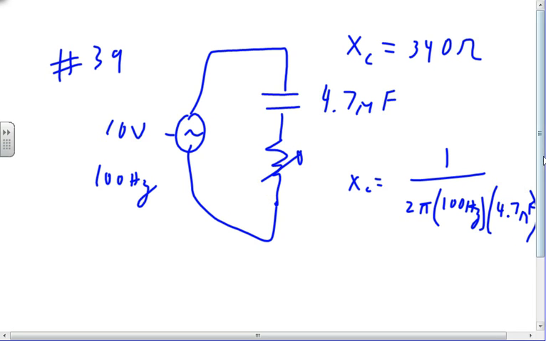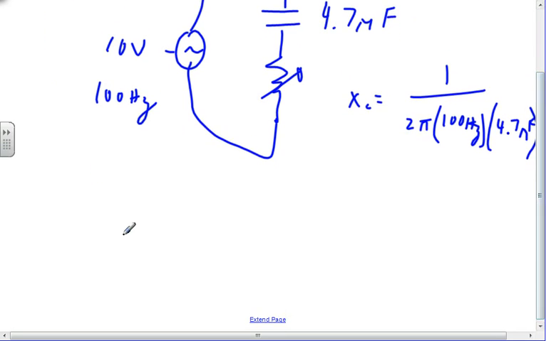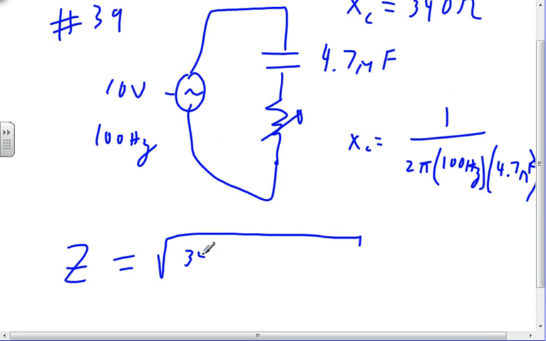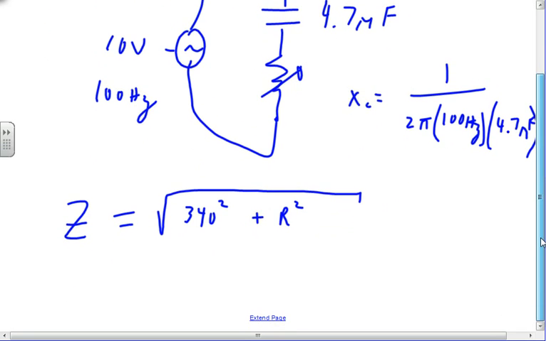All right, now current. Well, impedance. Impedance is going to be the square root of 340 squared plus r squared. Okay, so we know that.